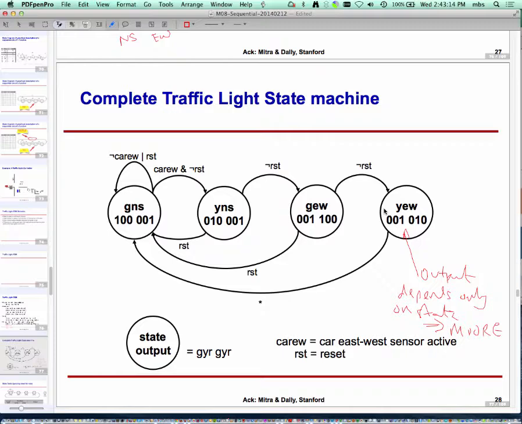Yes, reset is also an input. Will that immediately affect the output? That reset will not immediately affect the output. It will affect the output at the next clock edge. And which is fine, because if you think of it, your clock in these systems is going to be a few megahertz.